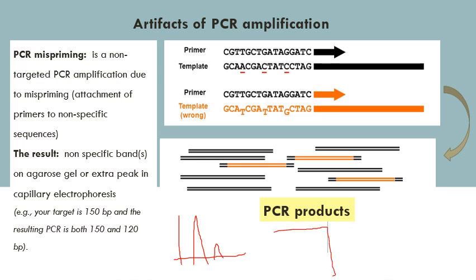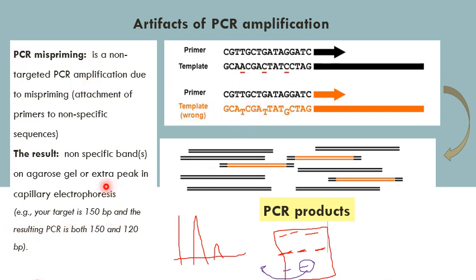On the other side, let's say this is the gel, and you are expecting this band here, this band here, and this band here, and because of the mispriming you will have an extra band over here. So this extra band is a result of the mispriming of the primers on the template.